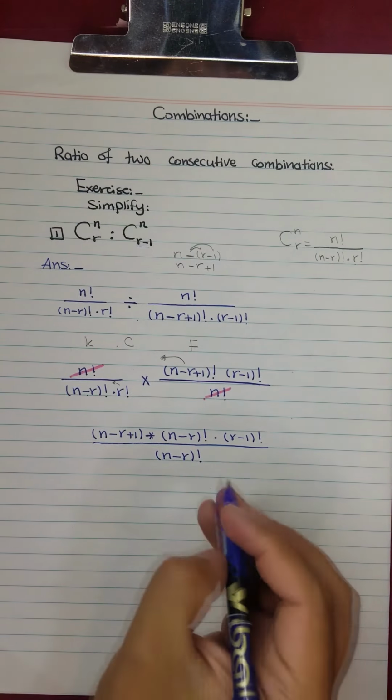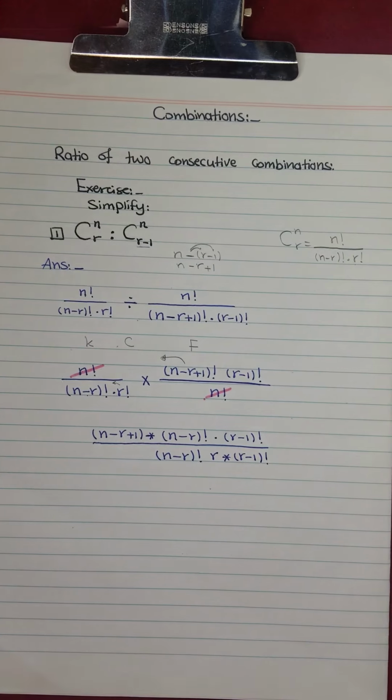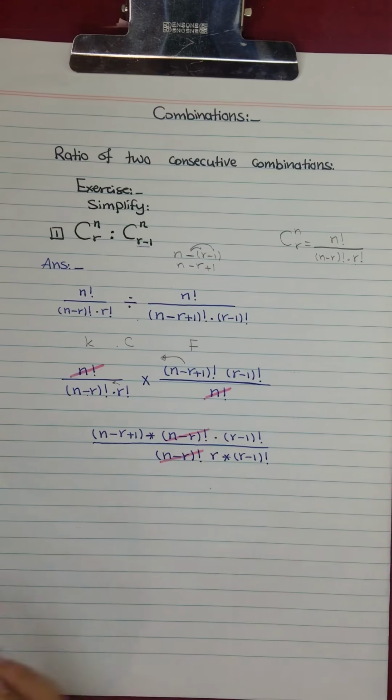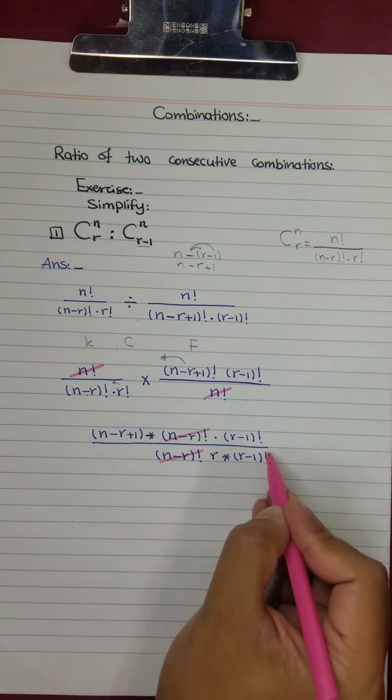You reduce 1 from it. Okay, now let's cancel. We can cancel this one with this one, and we can cancel this one with this one. So what are we going to get now? We will get (n minus r plus 1) over r.